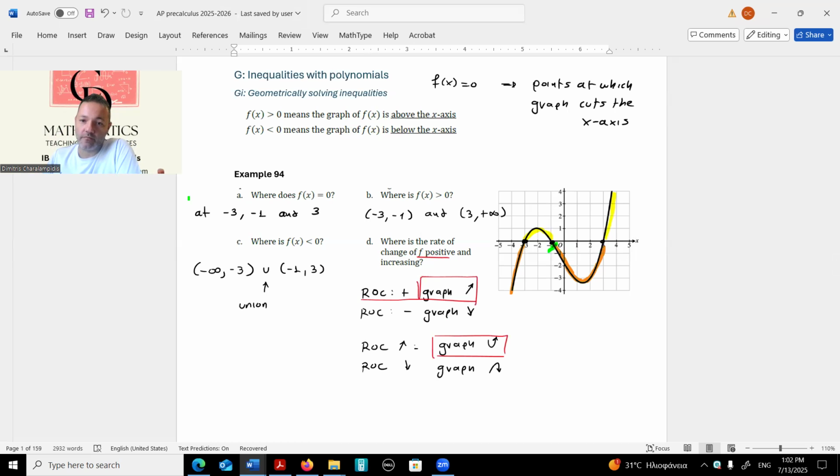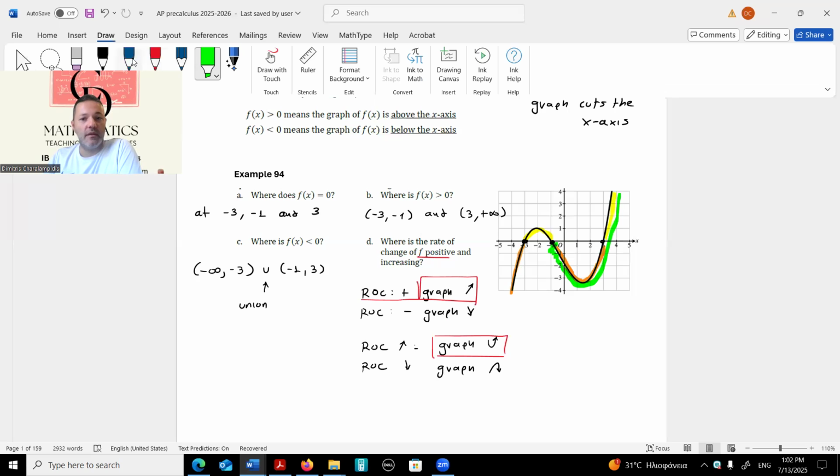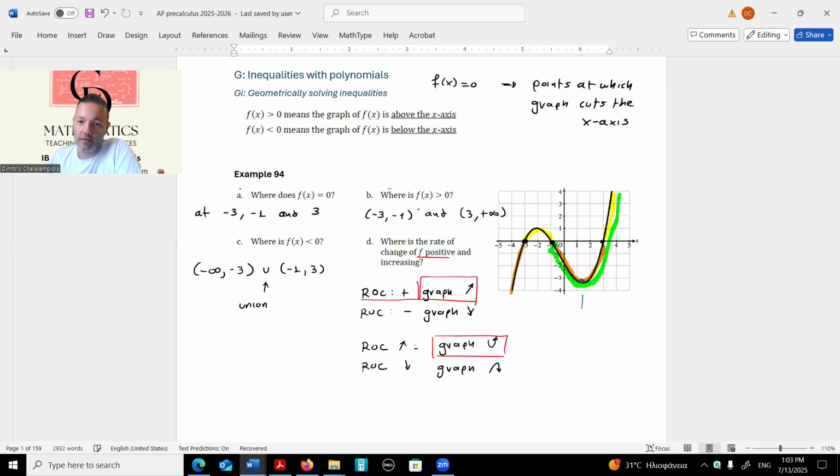It is concave up in this part highlighted by green. And the increasing part of that would be, I would say, from here, let's call that 1.5, up to, assuming that it extends like that, plus infinity.